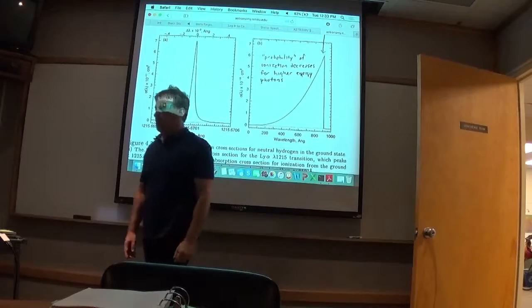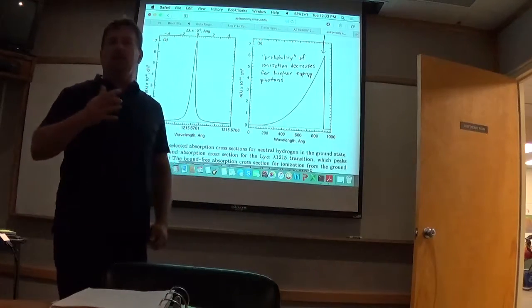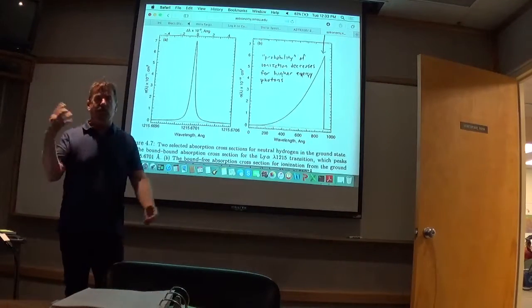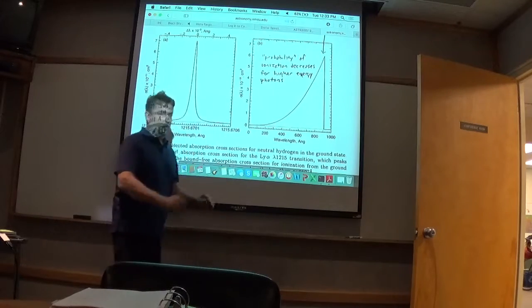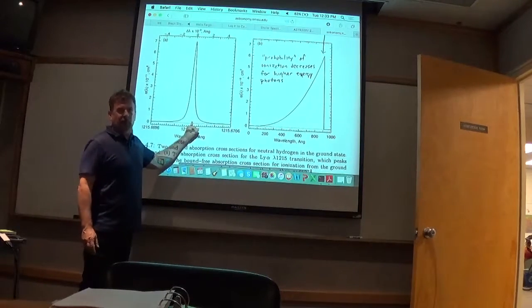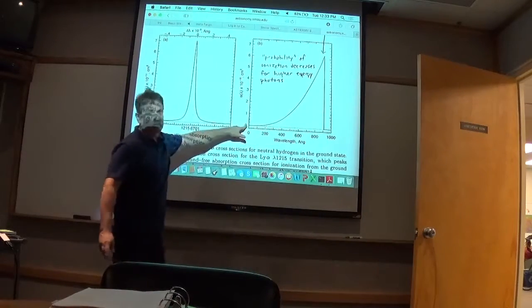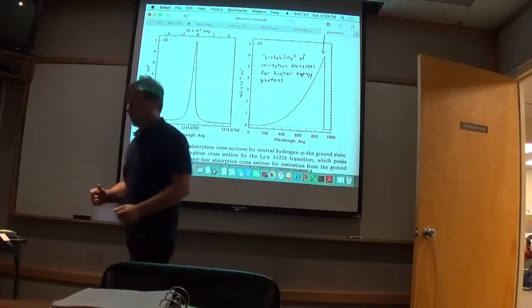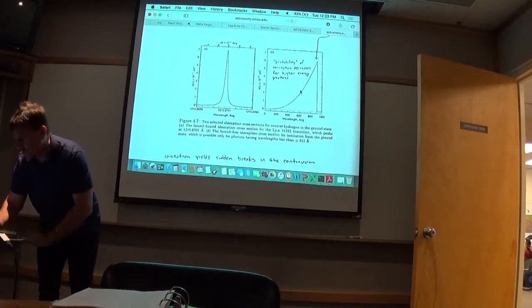It's not exactly that, but for your back of the hand or back of the envelope calculations, if you ever need to make one, you can just use that nice scaling law. This is narrow, extremely narrow, and this is a huge swath of spectrum, so they can really affect the overall global shape of the spectrum. Any questions about that?